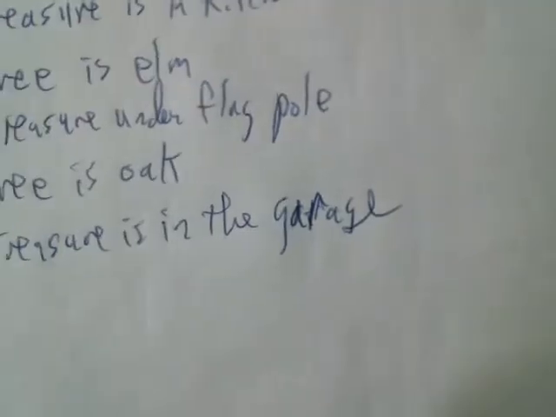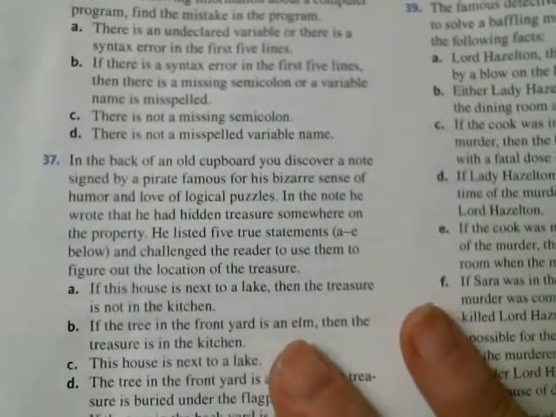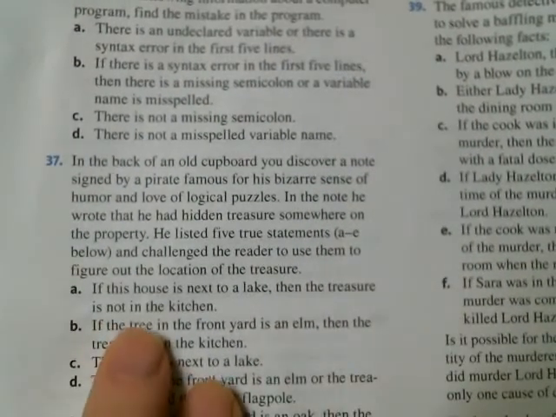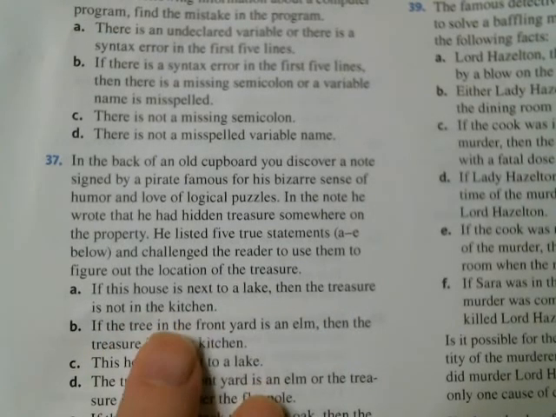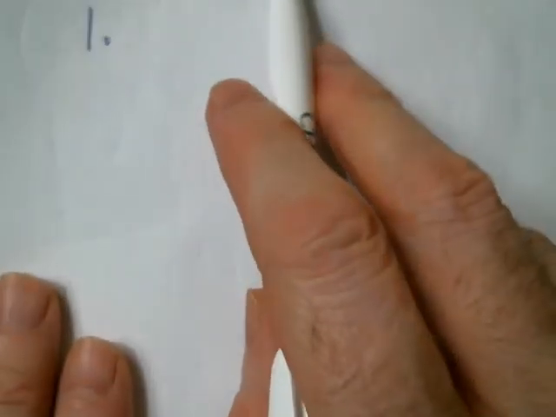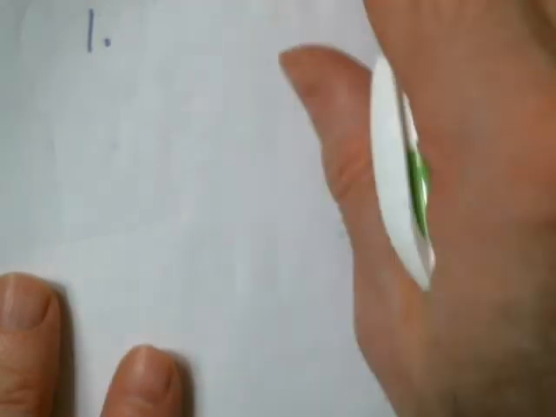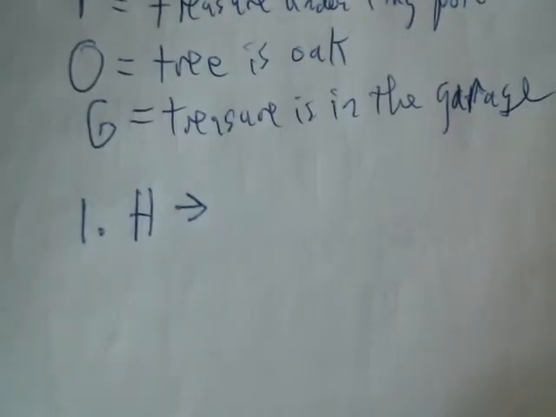Okay, so I'm going to go back to the question at hand and start figuring things out. If the house is next to the lake, then the treasure is not in the kitchen. So my first statement: if the house is next to the lake, so that's H, then the treasure is not in the kitchen.